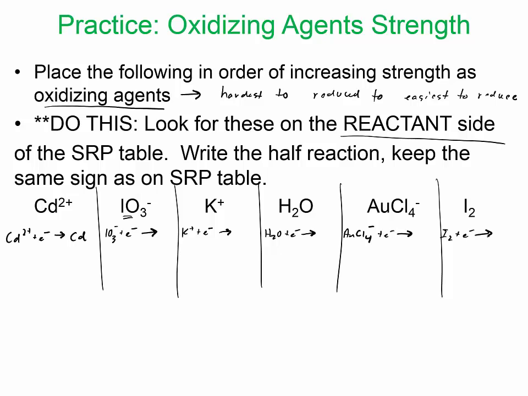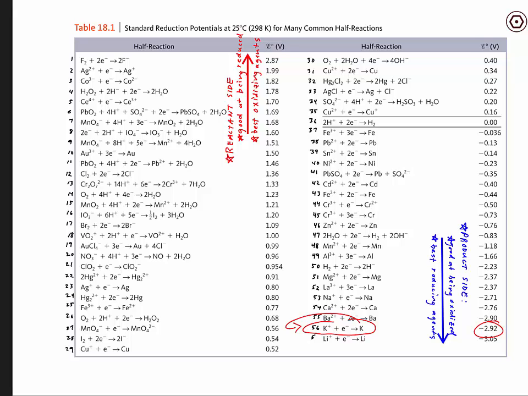If we look at our table, Cd2+ is reaction number 42.